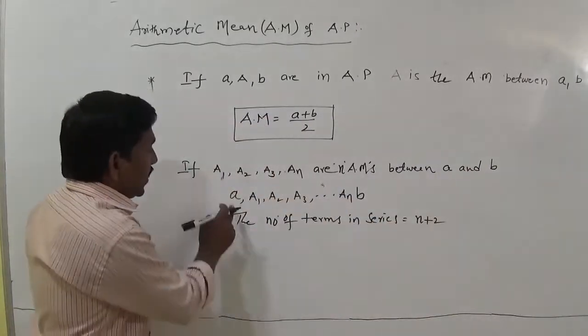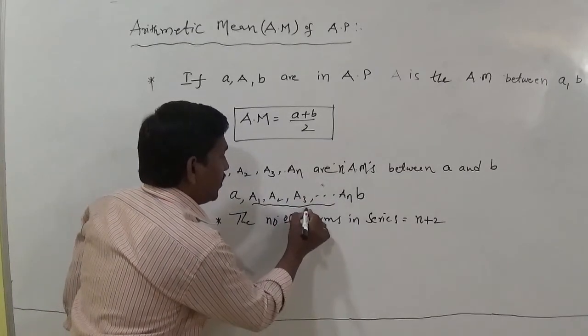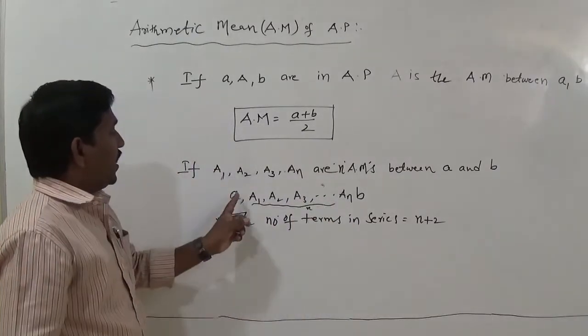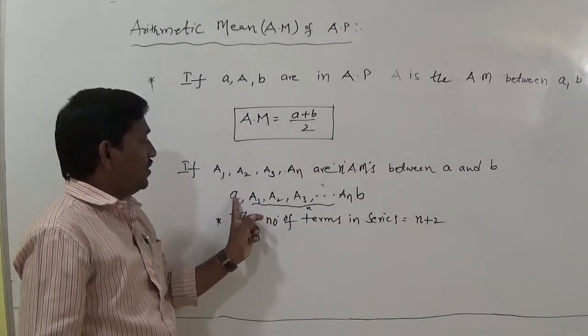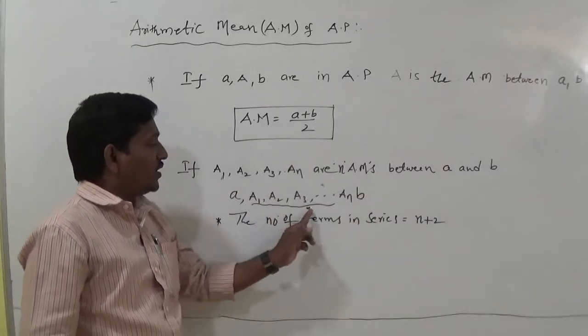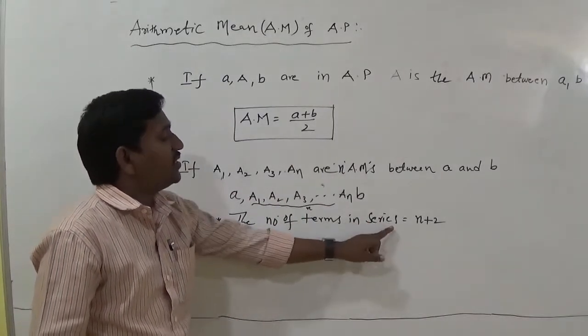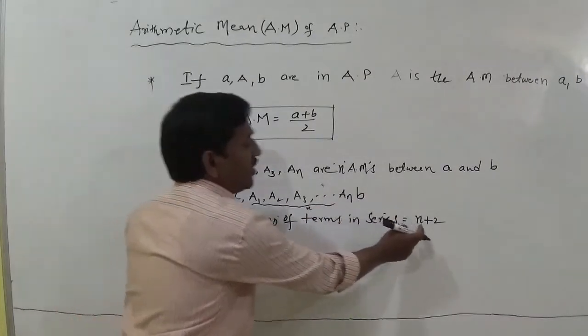So here, n AMs between A and B. This is another one. There are two terms besides the n, so the total number of terms in the series is n plus 1 plus 1, that means n plus 2.